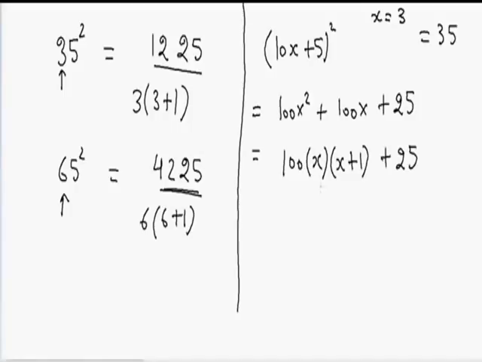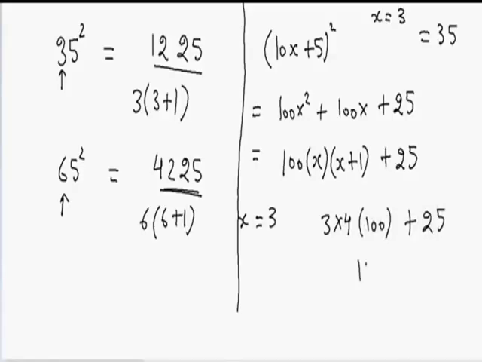So as you can see, we are taking the first digit and multiplying it by the number plus 1, multiplying by 100, and then adding 25. So if x is equal to 3, we'll get 3 into 4 into 100 plus 25.